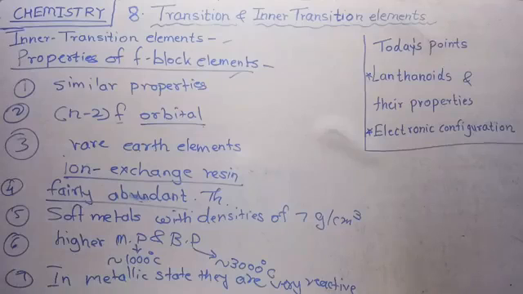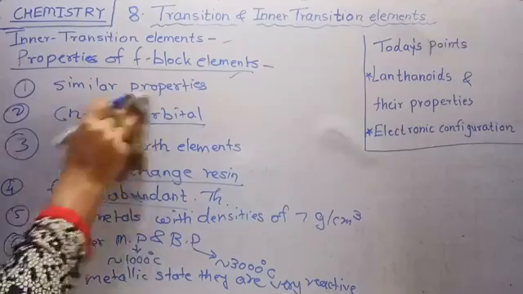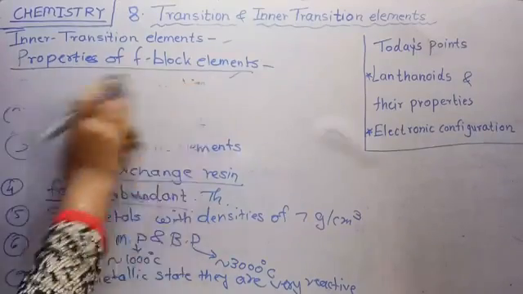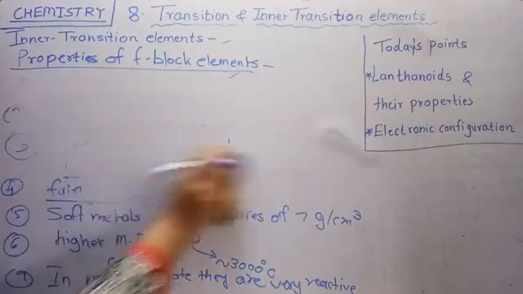They are very reactive, the same as the alkali metals and alkaline earth metals. They show properties similar to alkali metals and alkaline earth metals, which react with water to form hydroxides. For example, these lanthanides also react with water to form hydroxides.